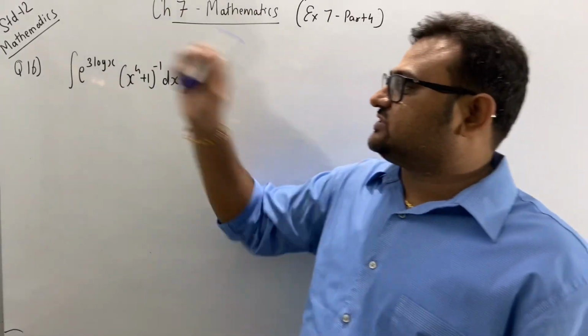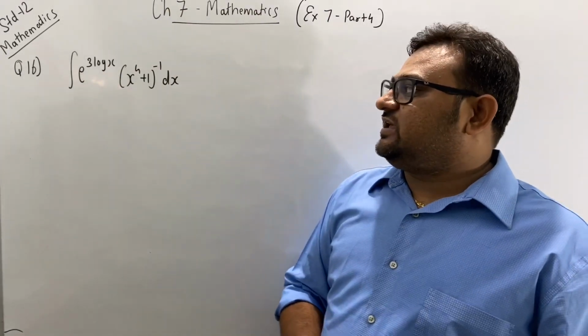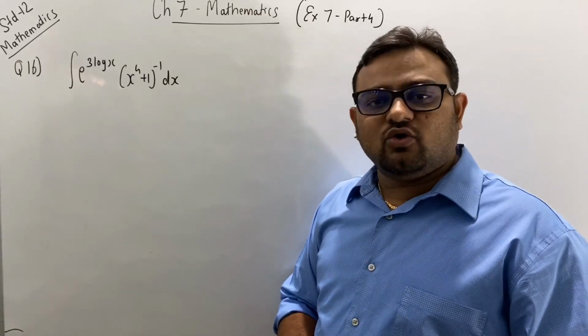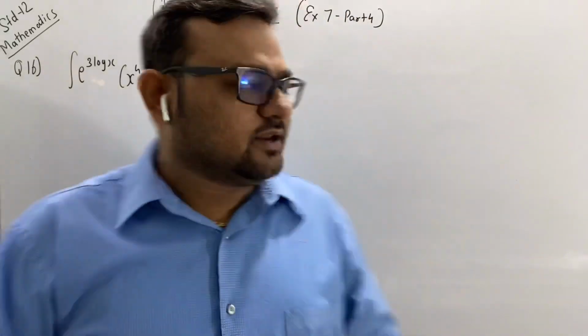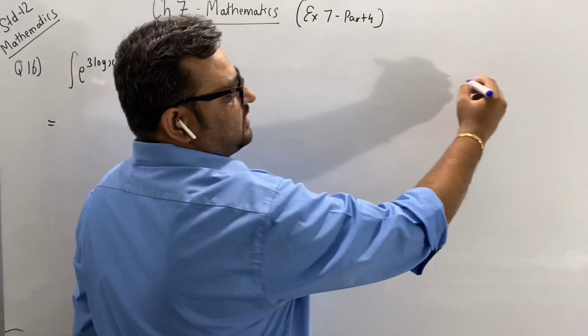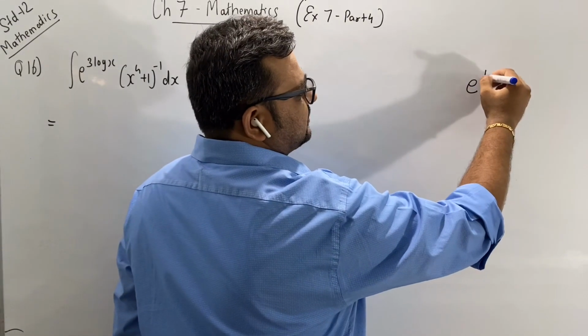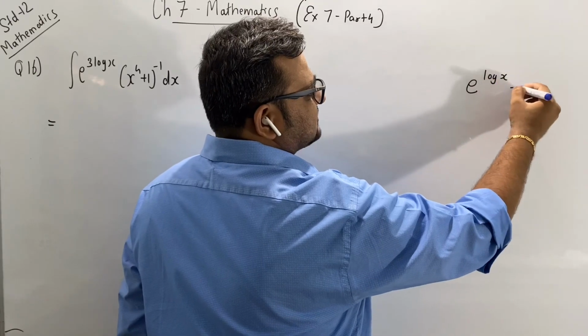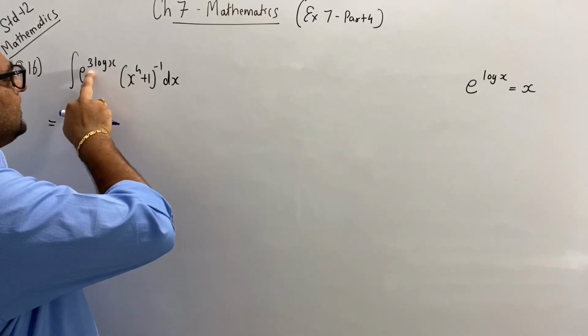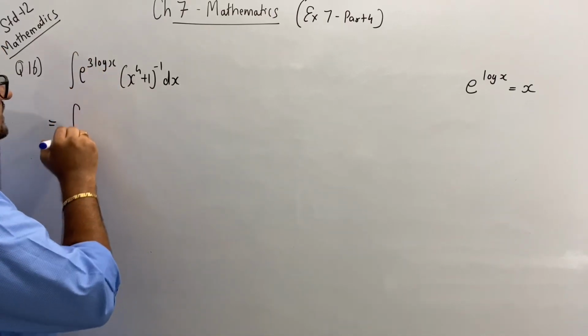Question number 16 is integration of e raised to 3 log x, upon x raised to 4 plus 1 whole raised to minus 1. Now see, remember the property e raised to log x is equal to x. Here it is e raised to 3 log x.